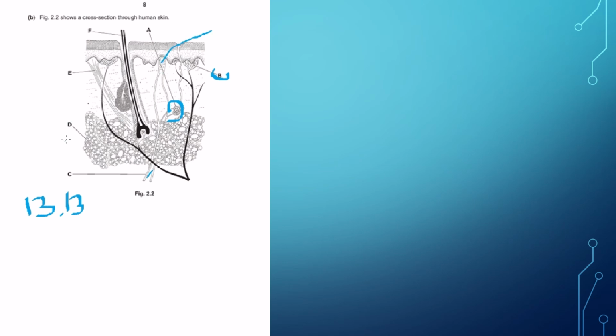D here is my fatty cells under the skin. E up here, that is the hair erector muscle that is able to move the hair. And F is my hair. It's more rare we see these here, but they are here sometimes. So again, it's another figure that you might want to pay attention to.